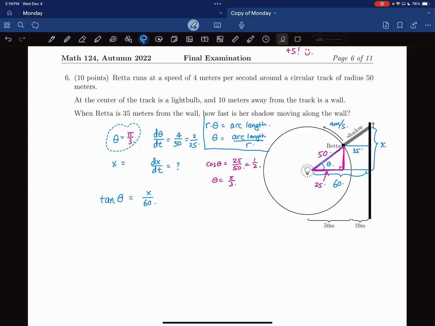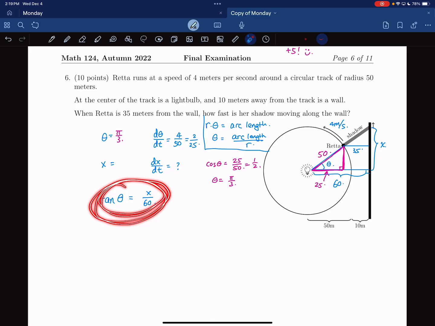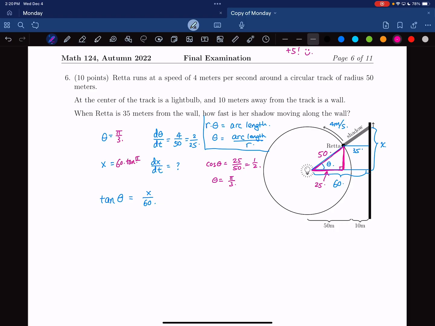And once I have theta, I know what x is, because I have this relationship between theta and x. If theta is pi over 3, then x is 60 times tan of pi over 3. And tan of pi over 3 is square root of 3, so x is 60 times square root of 3.